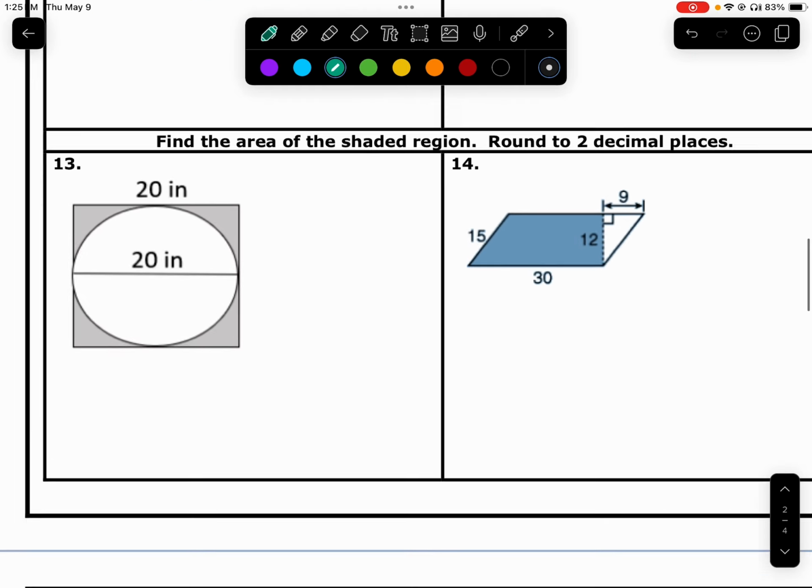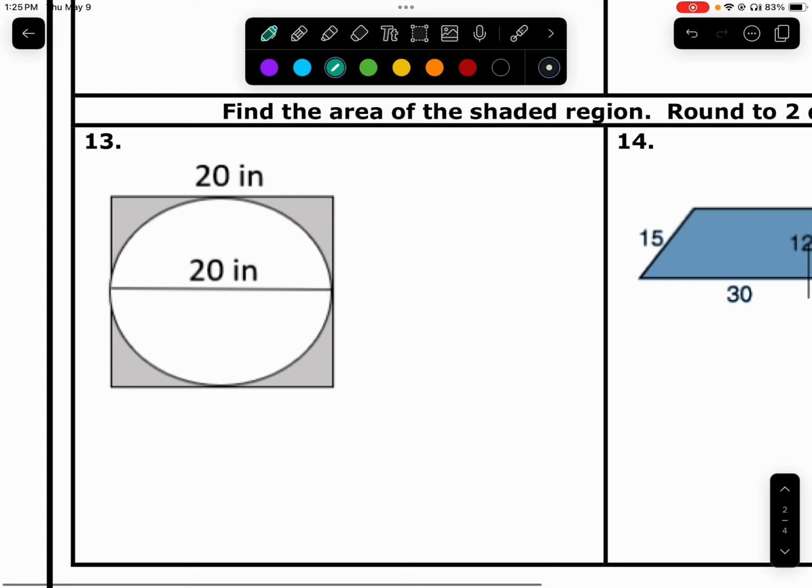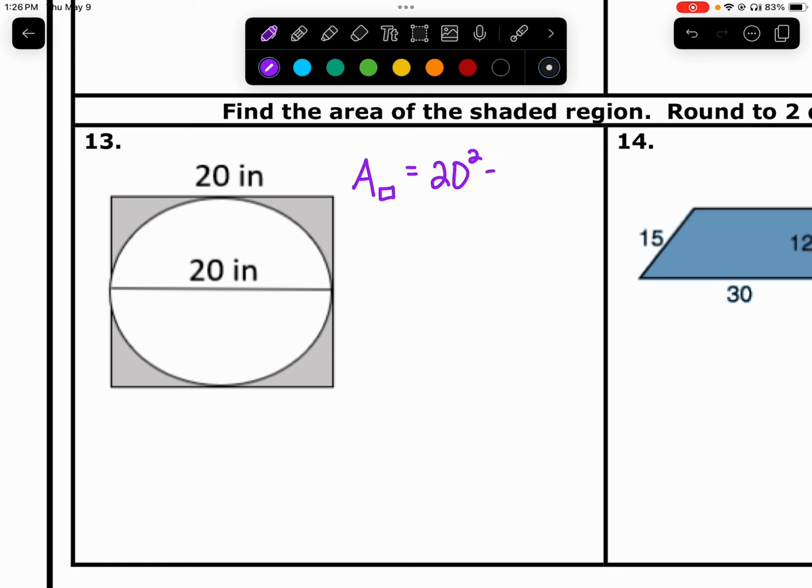All right, number 13, find the area of the shaded region. So for this one, we have the area of the square, which is just 20 squared, which is 400. Then we have the area of the circle, which is pi radius squared, so that's 100 pi. And to find the area of the shaded region, we have to subtract.